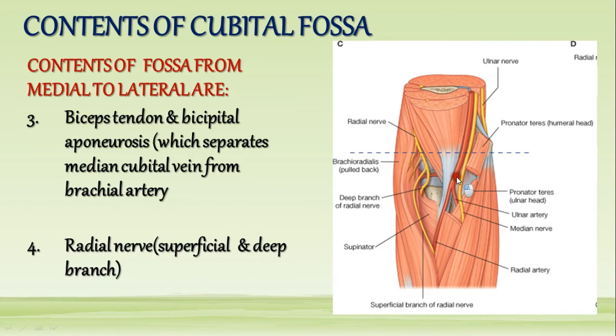The median nerve passes between the two heads of the pronator teres. The brachial artery divides into its terminal branches, ulnar artery and the radial artery. The biceps tendon is present just lateral to the brachial artery. The radial nerve divides into its two branches, the deep branch of the radial nerve and the superficial branch of the radial nerve.